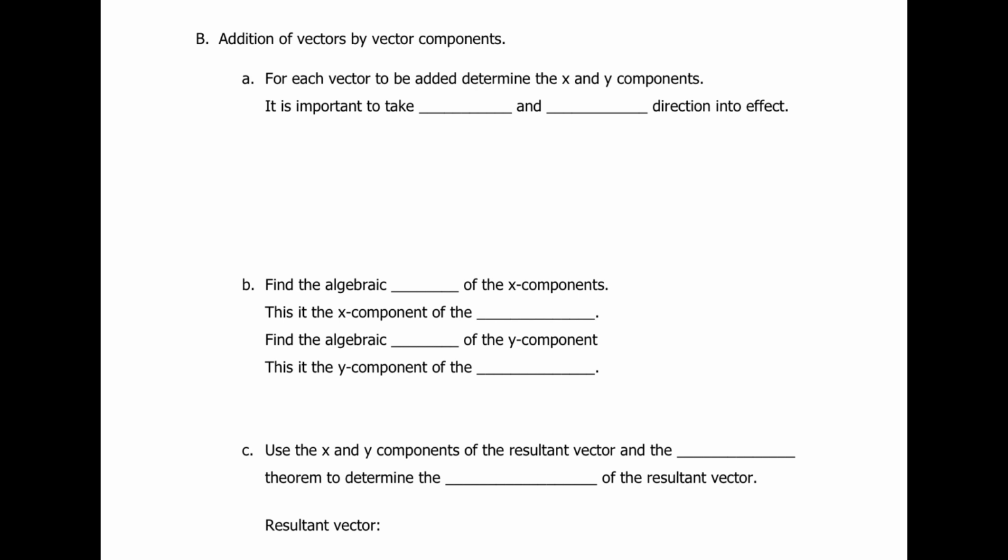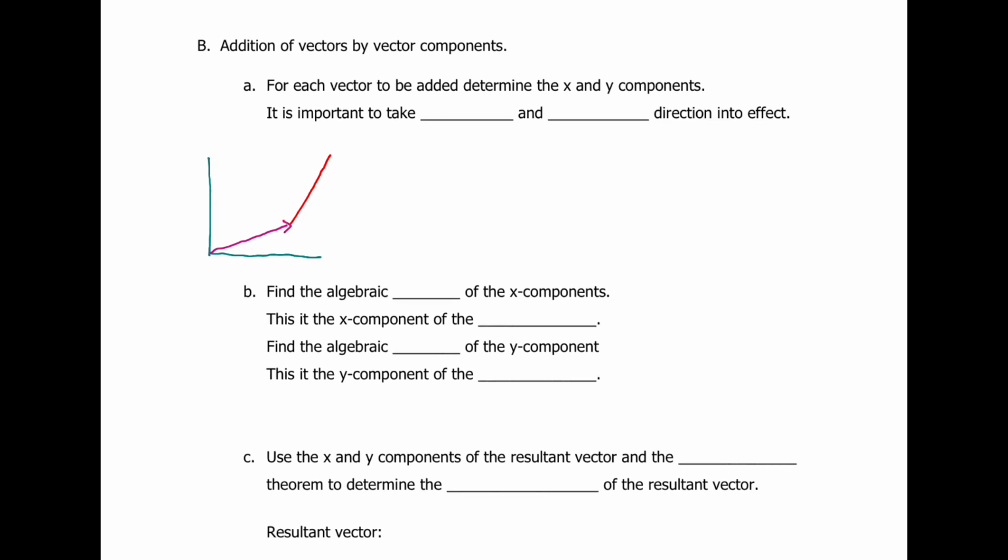So we're going to take 2 vectors here. I'm going to draw a few of them. I'm going to take this little side here and draw it like this. I'm going to have 2 different vectors here: a kind of flat-looking vector, and an up-looking vector. We're going to add these 2 vectors together.